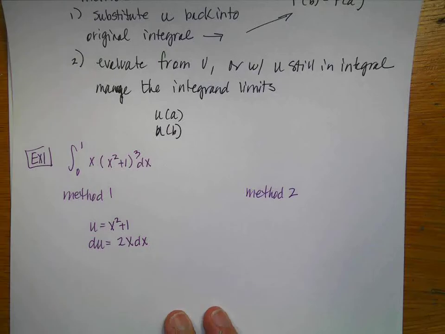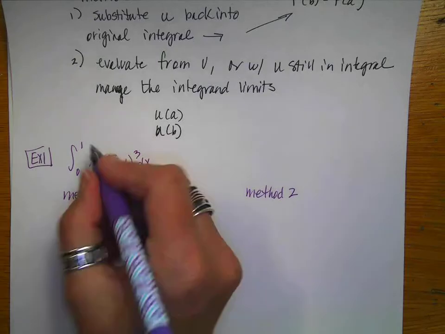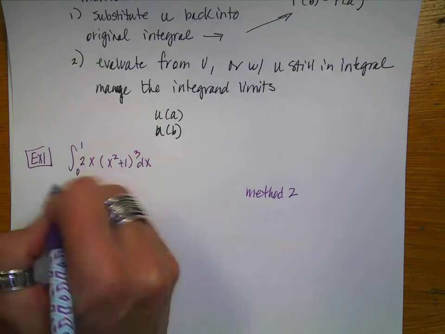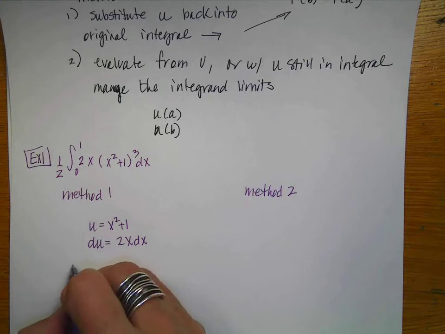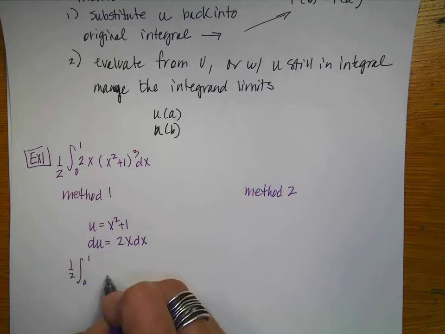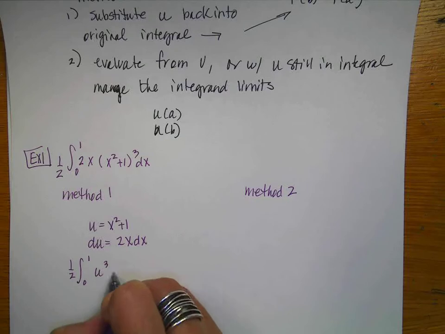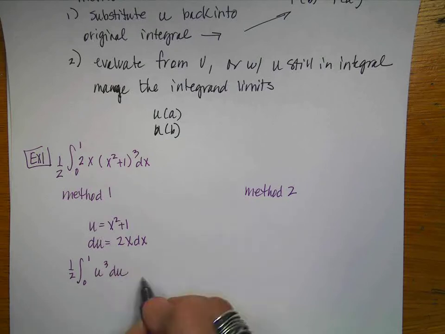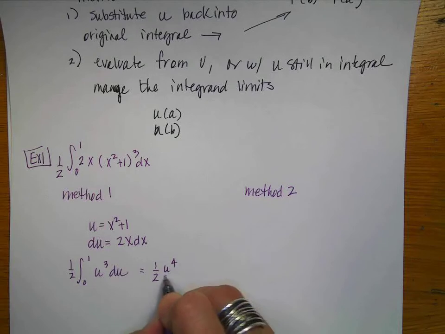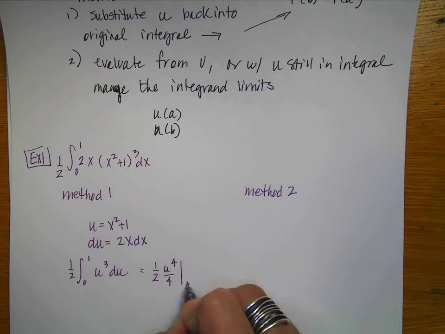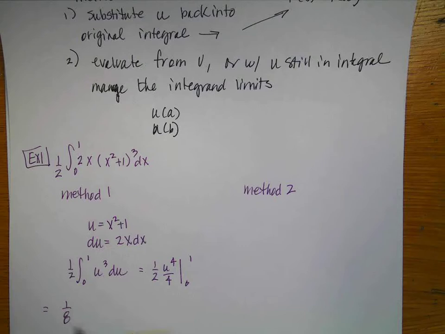So I know that on my original integral, I'm going to introduce a 2 on the inside and a half on the outside. So my integral becomes 1/2 the integral from 0 to 1 of u cubed du. So this is 1/2 u to the 4th over 4 evaluated from 0 to 1, which is going to be 1 over 8.